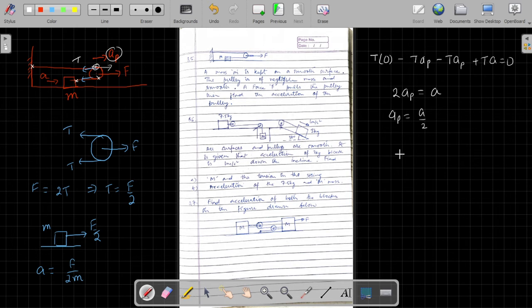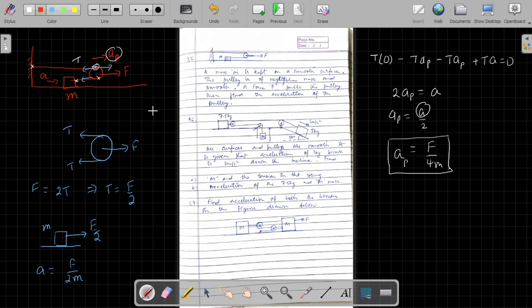This is the value of AP, and we know that the acceleration of the block is F by 2m. So the acceleration of the pulley would be F by 4m. So this would be the acceleration of the pulley which we require.